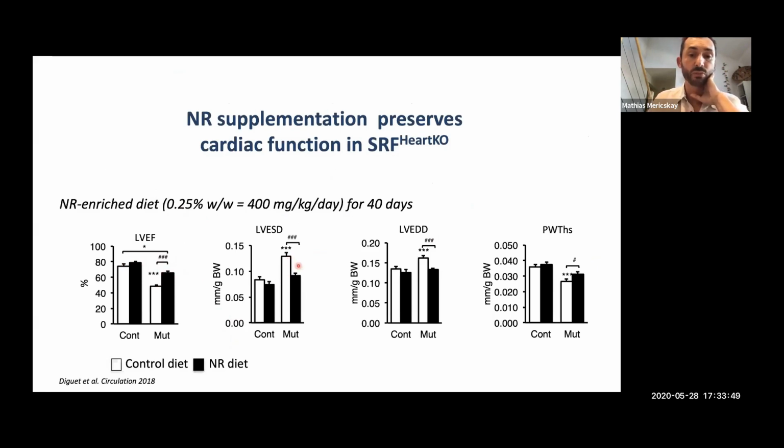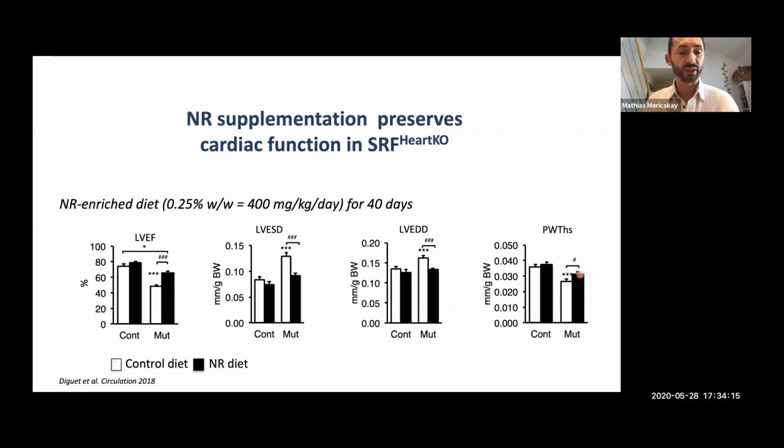And very nicely, it was blocking or limiting the eccentric remodeling, as you can see here from the left ventricular end-systolic diameter and left ventricular end-diastolic diameter. And there was also a kind of trophic effect on the thickness of the left ventricular wall, which was interesting with this diet.